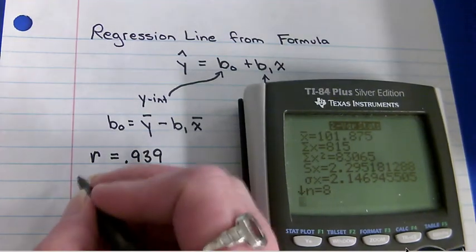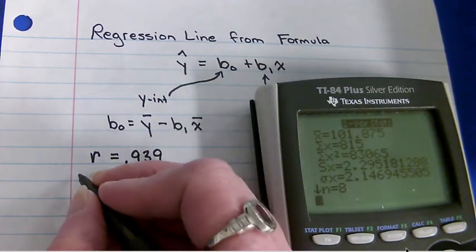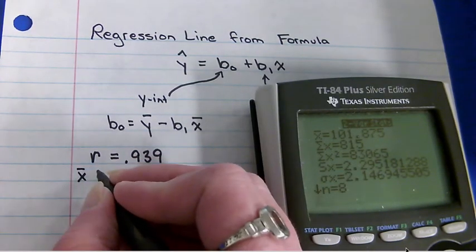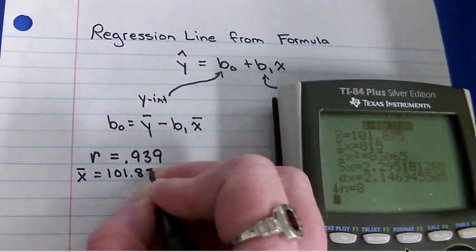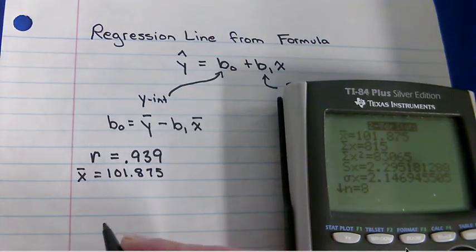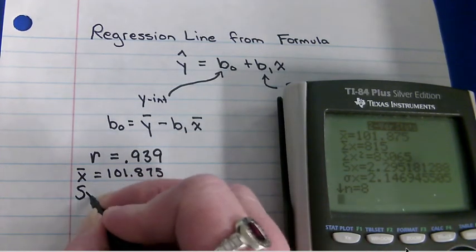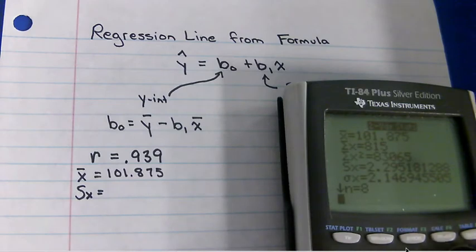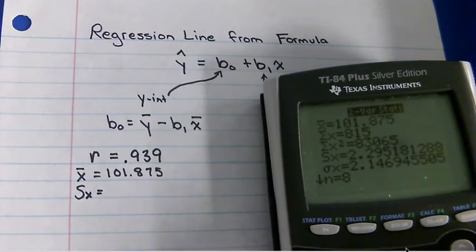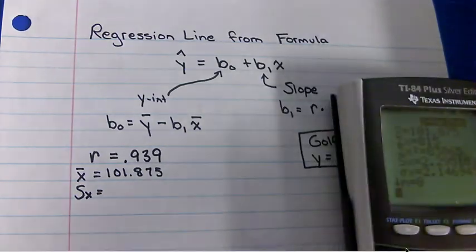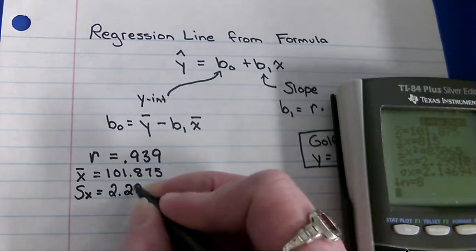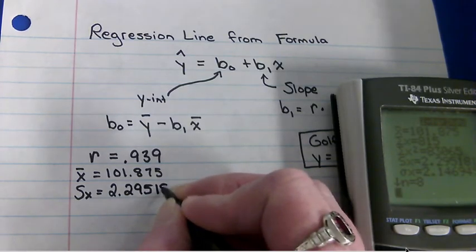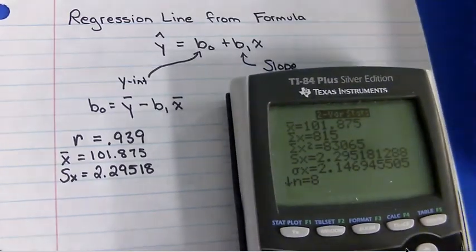The stuff I want to know is the average of the x's. So x bar is 101.875. I also need the standard deviation of the x's, and I'm going to go pretty far, 2.29518.